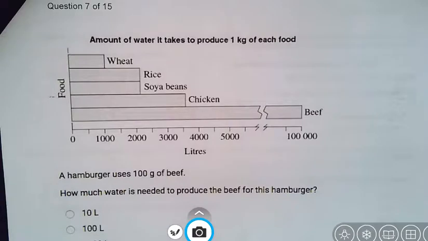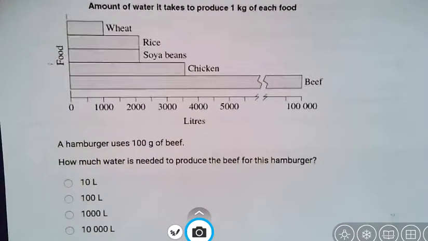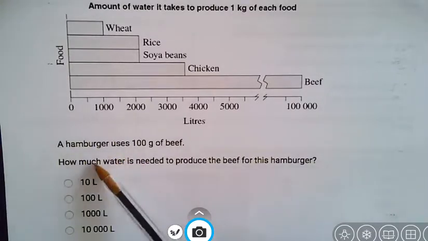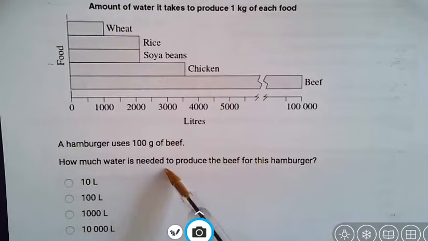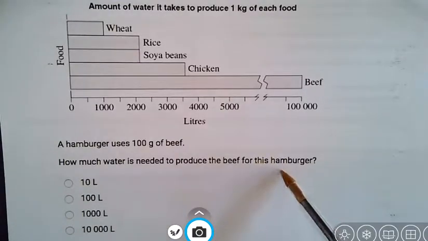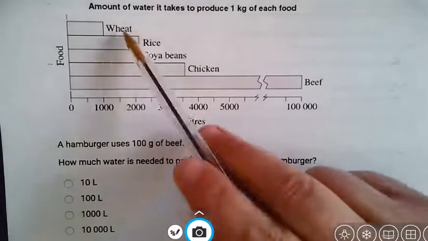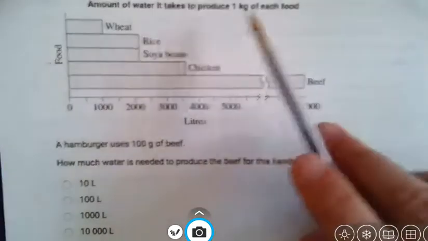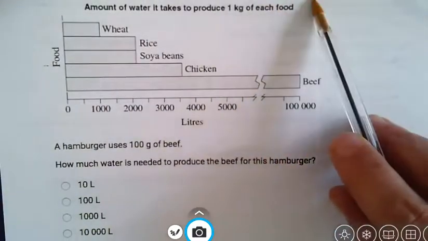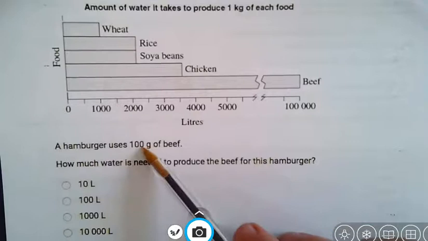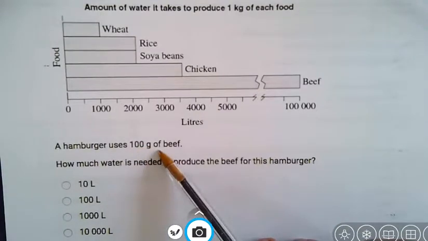This one's a bit tricky. It says the amount of water it takes to produce 1 kilo of each food. So the question is, how much water is needed to produce the beef for this hamburger? Now, a hamburger uses 100 grams of beef.